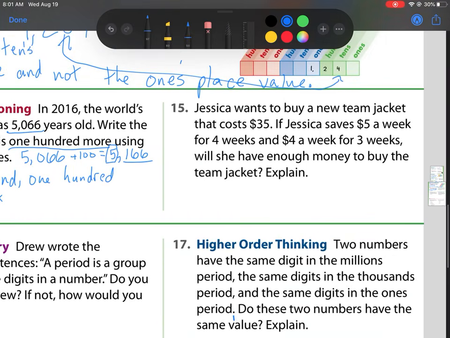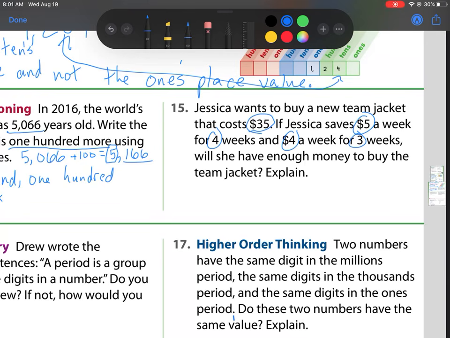All right, number 15. Jessica wants to buy a new team jacket that costs $35. If Jessica saves $5 a week for 4 weeks and $4 a week for 3 weeks, will she have enough to buy the jacket? Explain. Well, what I'm going to do is use my math to check.